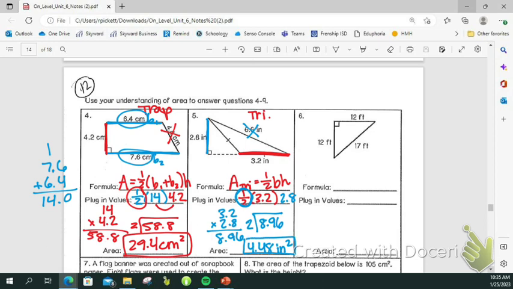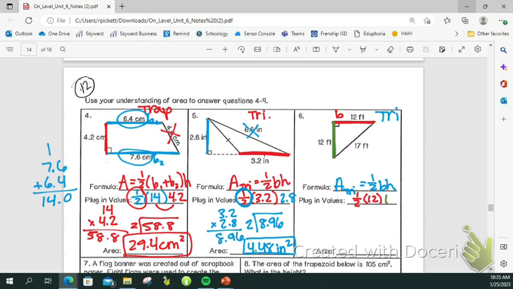Last question, we've got number 6, is another triangle. So our formula for area of triangles is 1/2 base times height. And our base this time, I'm going to say, is that top number that is going across. So there's our base. So when we plug in, I've got 1/2 times 12 times the height, which is what is perpendicular to the base.